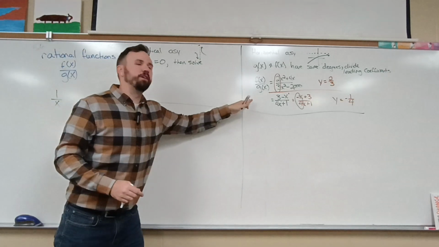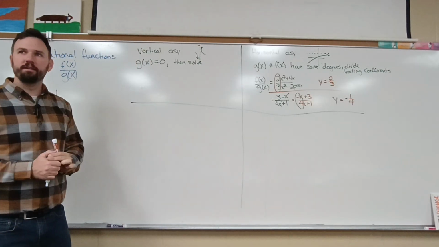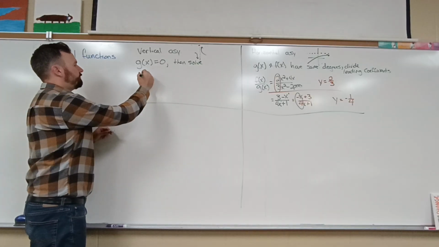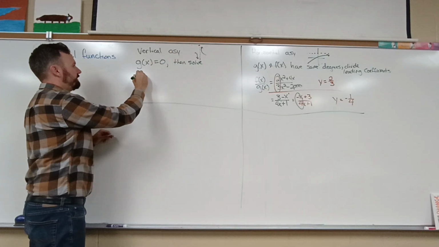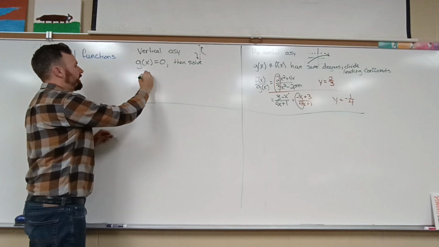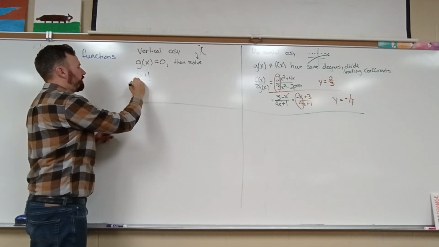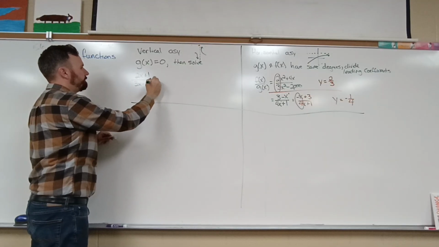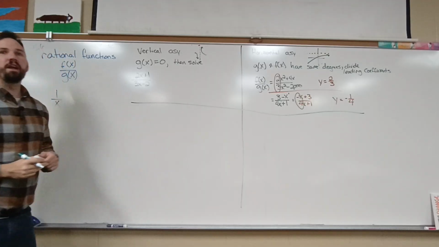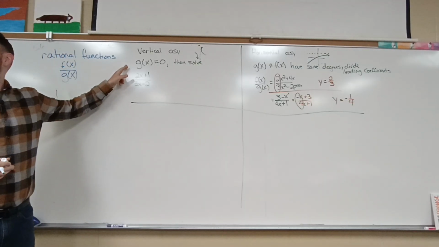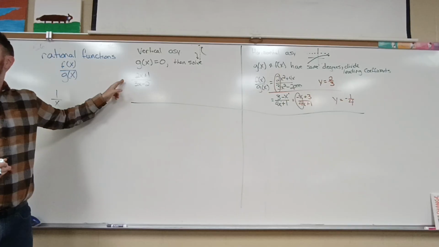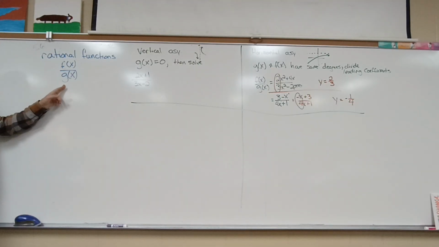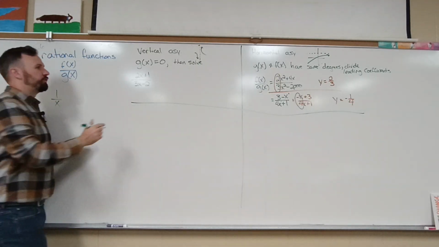Since I gave you an example here, I should probably give you an example over here now that I'm thinking about it. So if I have a function that's 2x plus 1 over 3x minus 2, what part am I worried about for the vertical asymptote, the top or the bottom? Bottom. Once the bottom equals 0.